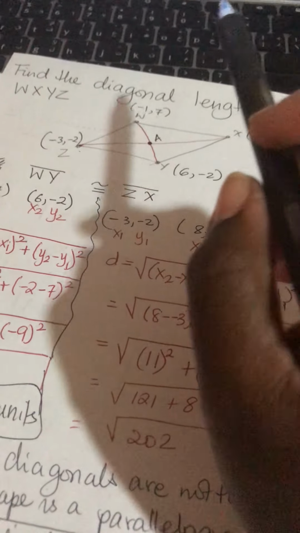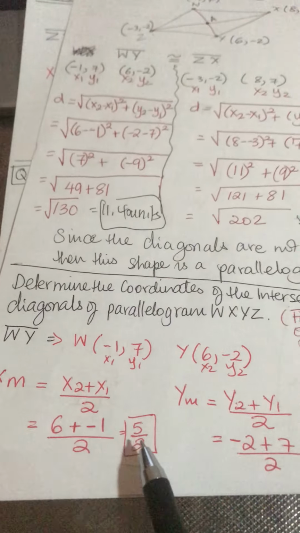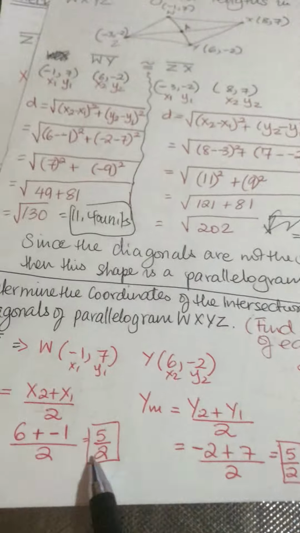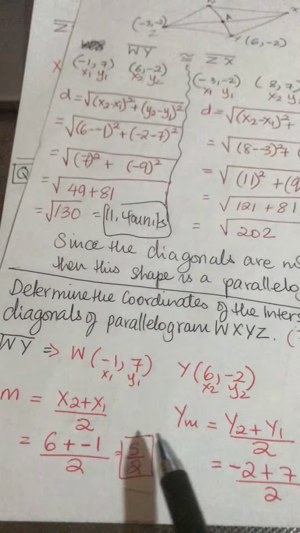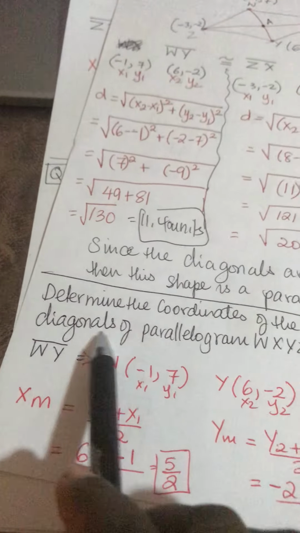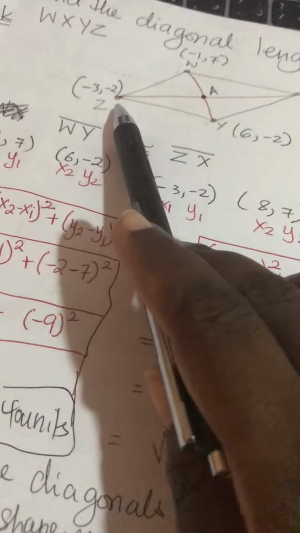If those two answers are not the same, they are wrong. I did not say xm and ym must be the same. I said the answer for WY should be the same as the answer for ZX.